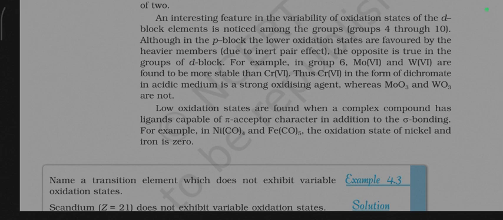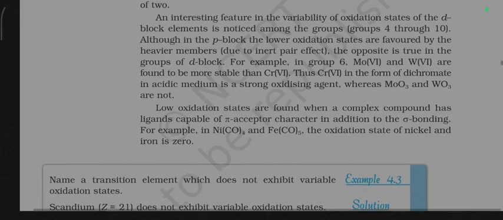Low oxidation states are found when a complex compound has ligands capable of pi acceptor character in addition to the sigma bonding. For example, in Ni(CO)4 and Fe(CO)5, the oxidation state of nickel and iron is 0.